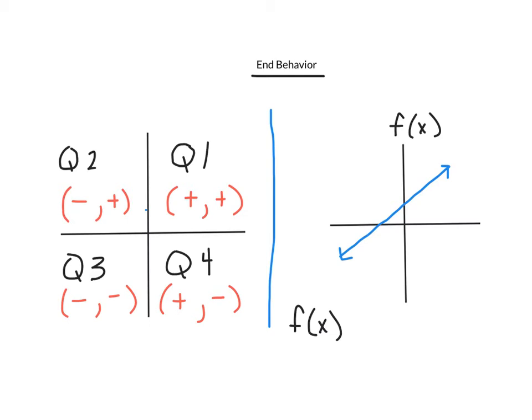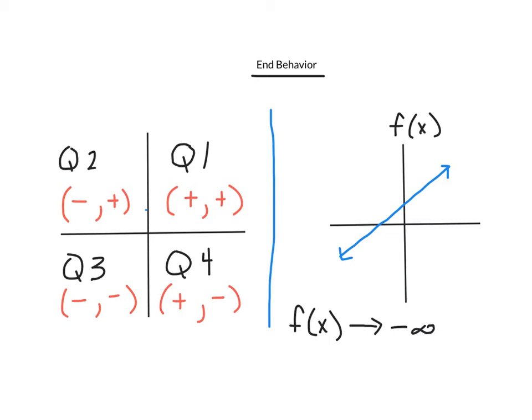So f of x is going toward negative infinity. Okay, so this is our y value. So if we're looking at this right here, our y value is negative. It's going in the negative direction, going down.